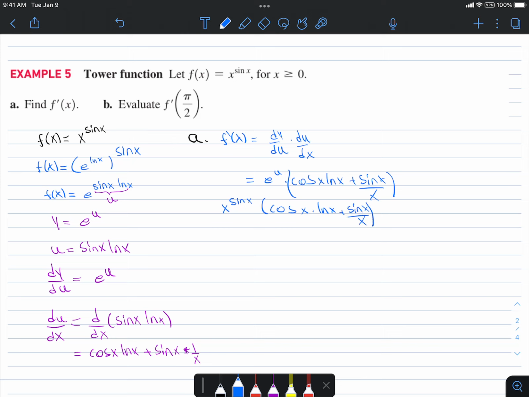And that's the answer. Maybe I should move that down. There you go. Looks a little better. I'll box that so there's no confusion.